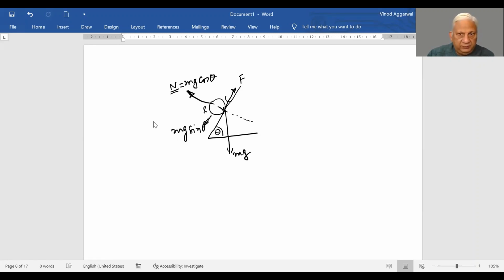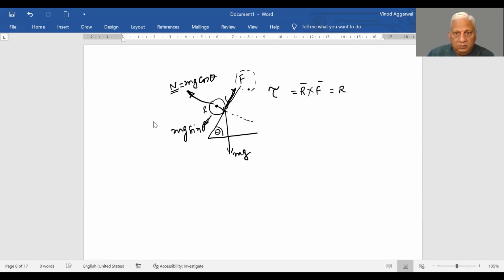Now see various components of torque. Then the torque generated by this frictional force is R cross F. This is the frictional force, and this is the torque created about center of mass.